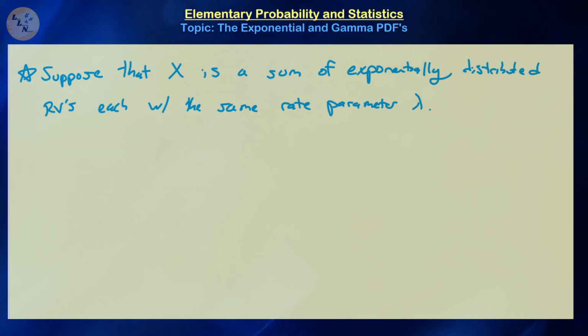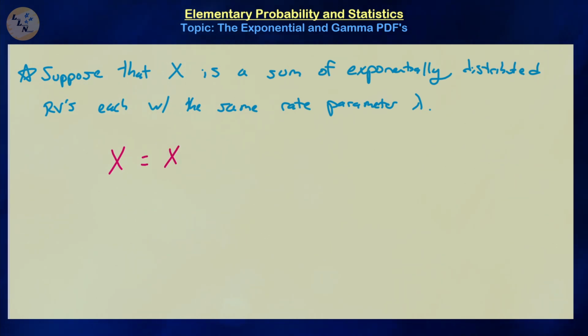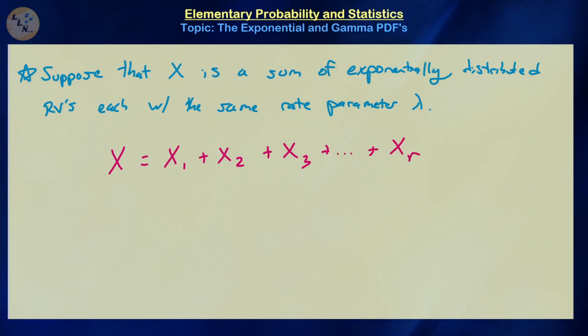Now let's suppose that x is a new random variable, but not just any random variable, but a sum of exponentially distributed random variables, each with the same rate parameter lambda. So let's just break this down before I give you the rest of the definition. So x is going to be a sum of other random variables: x1, x2, x3, all the way down to, let's call it, xr. So r is going to be the number of random variables that we're going to be summing up.